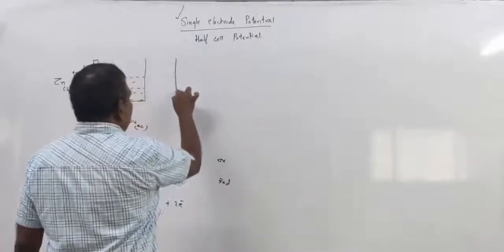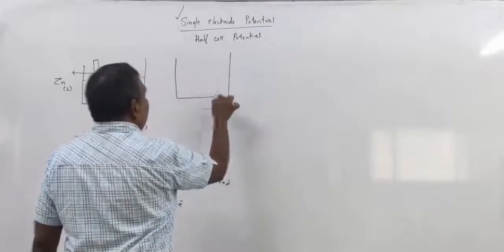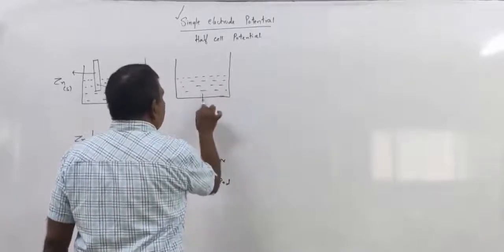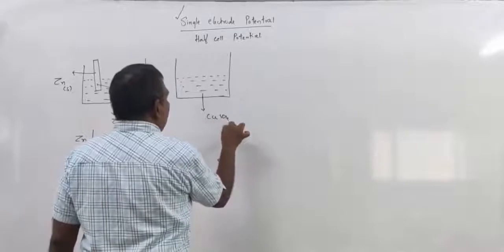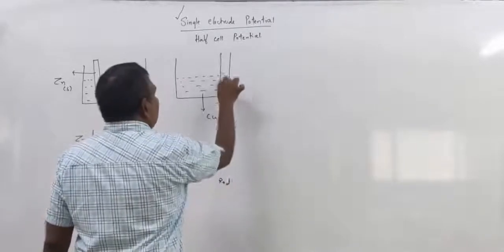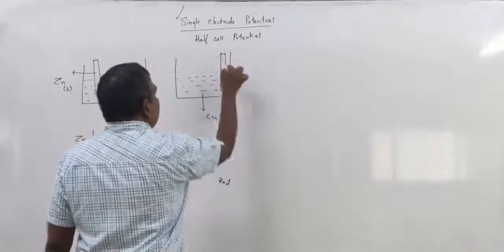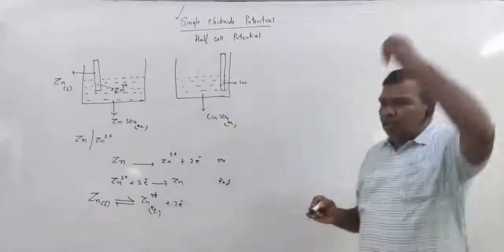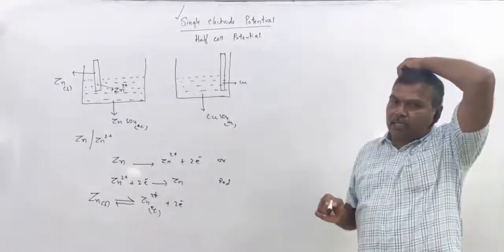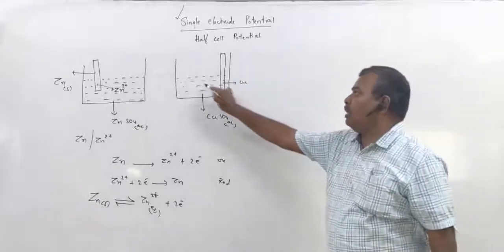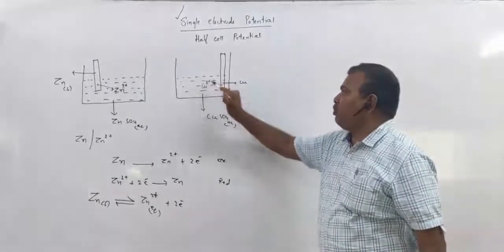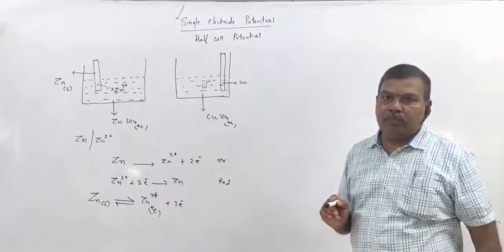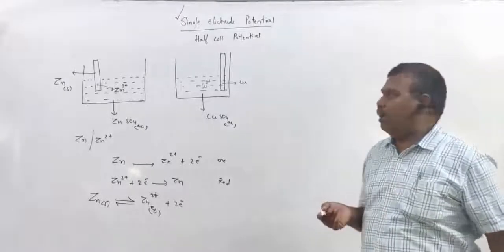Similarly, this is a beaker having copper sulfate solution. A copper rod is dipped in it. Now, copper atoms which are present on the surface of the rod are in contact with Cu2+ ions in the solution. Again, it acts as an electrode. It acts as a half cell.